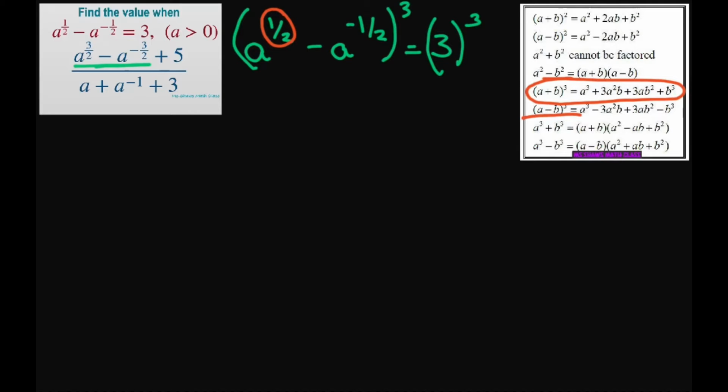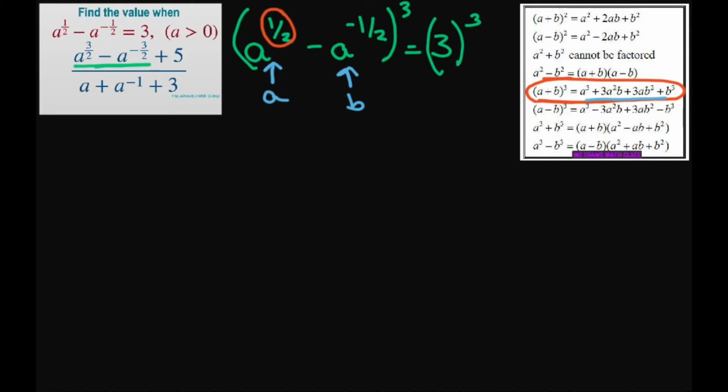So this is your binomial expansion if you're aware of that. If not, your a is going to equal a to the power of 1/2. We have too many a's and b's, but basically, this is going to be your a part, and this is going to be your b part.